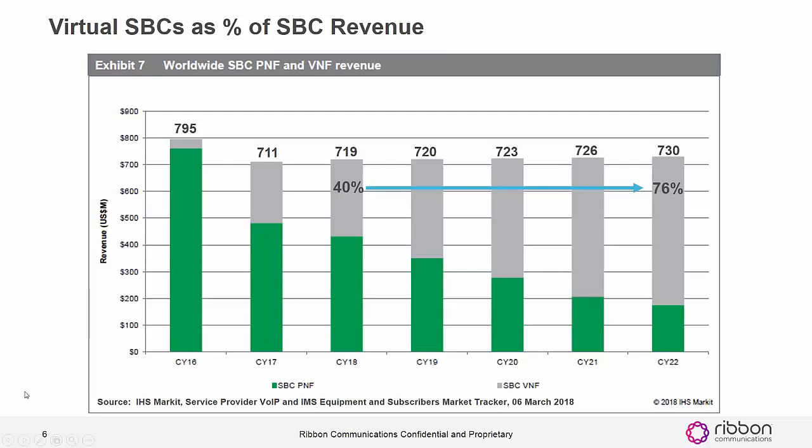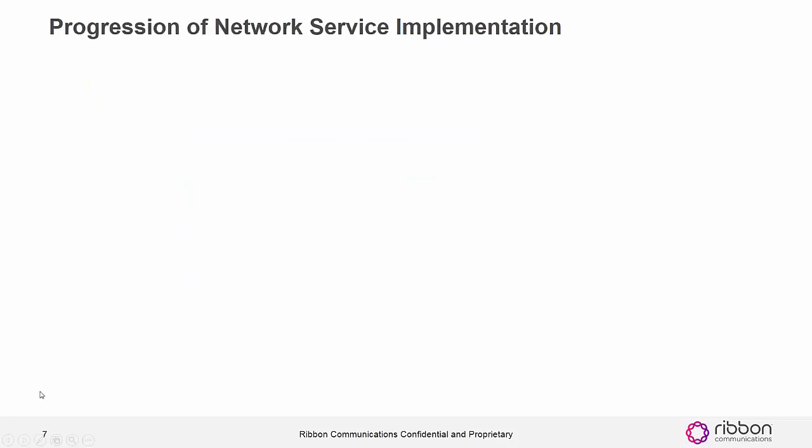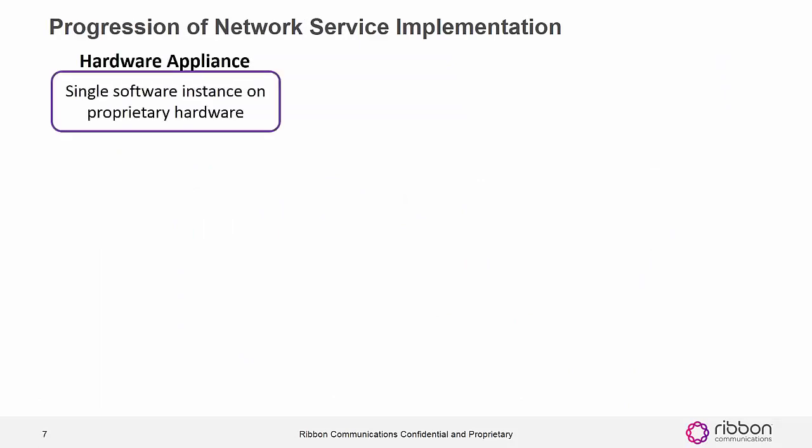So answering part of that question is, what's the real progression of how you would implement a network service? So we're going to start with hardware appliances. We've seen that the market research is bullish on moving to virtual, but let's recognize we have plenty of existing appliance-based solutions out there. Nothing wrong with being there, but the market is moving.